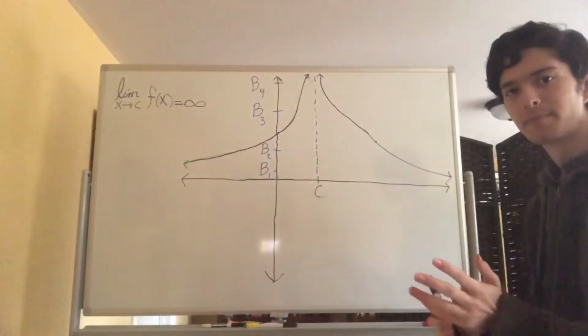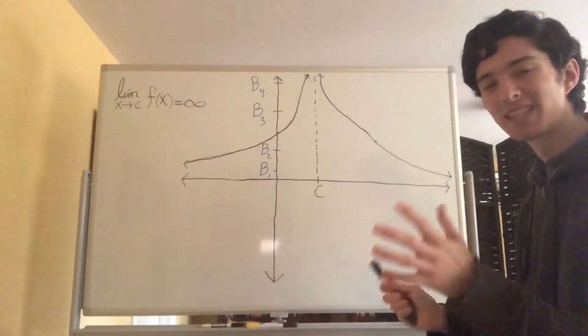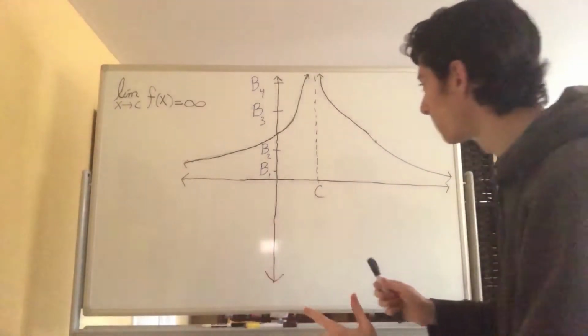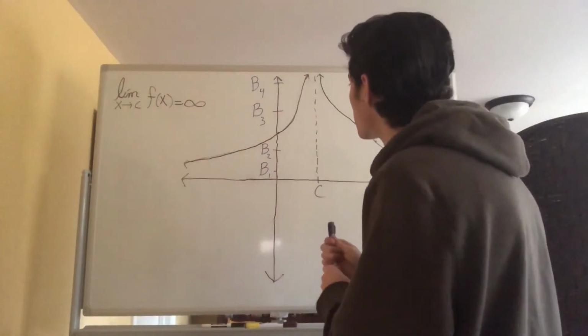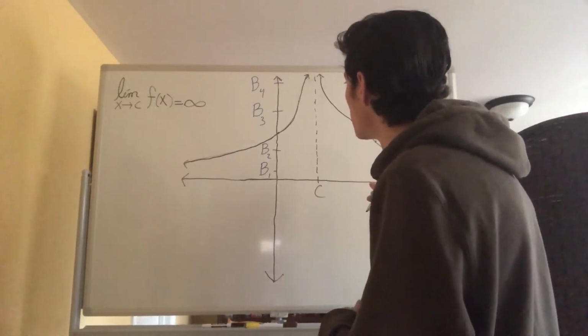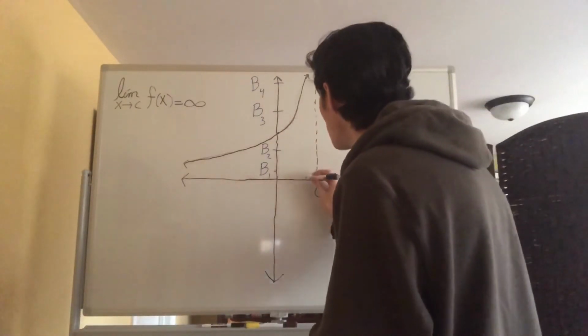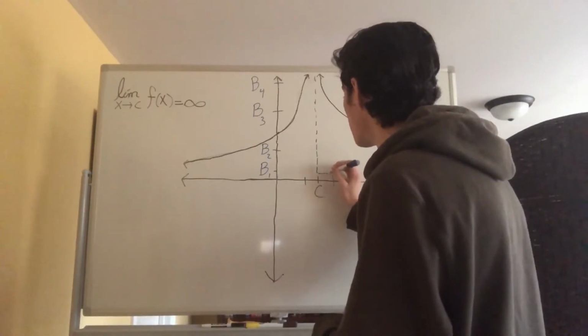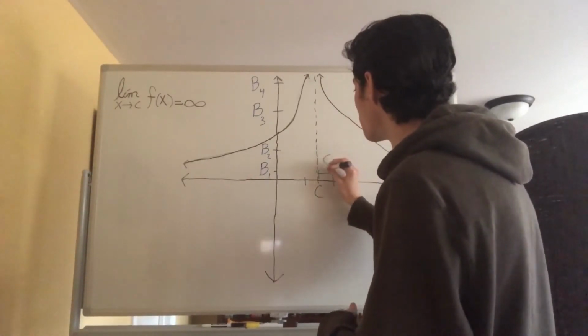So let's see. Can we find some sort of width, find some sort of delta that satisfies this condition? So we see, how about we set our delta to be within this width of c.